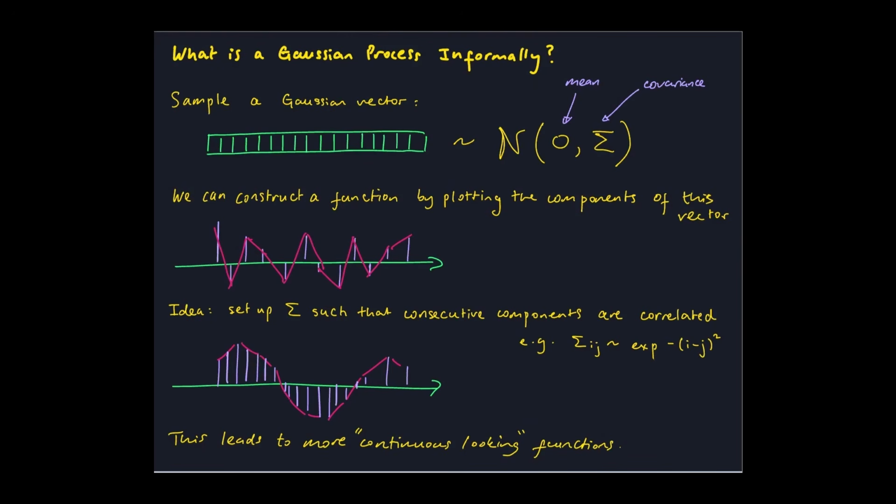Does the construction make sense? If you have a random vector, you can plot its coordinates, and then you can let the number of coordinates go to infinity, and it will limit to something more like a continuous function. Although, does that make sense? I've not really proved anything here. I've just given you an intuitive description.